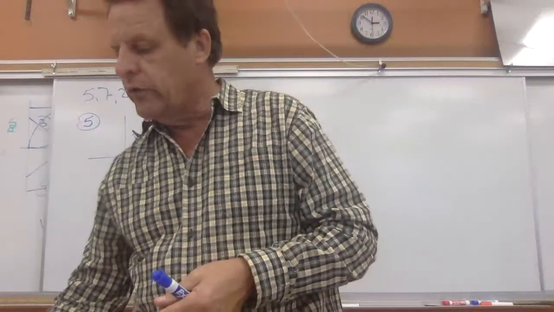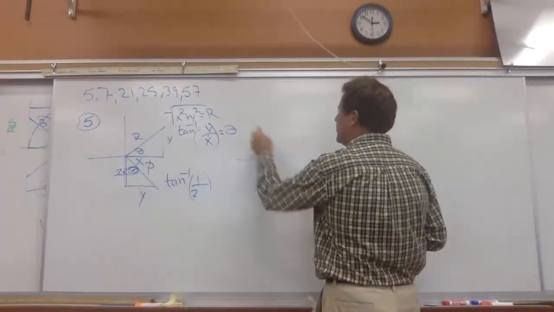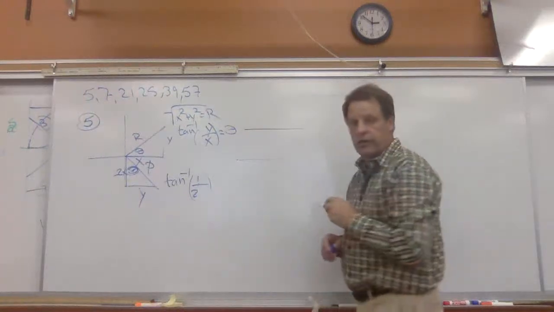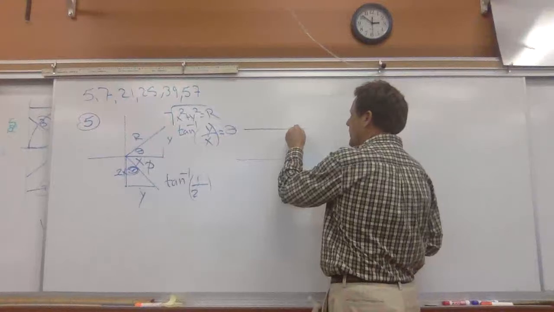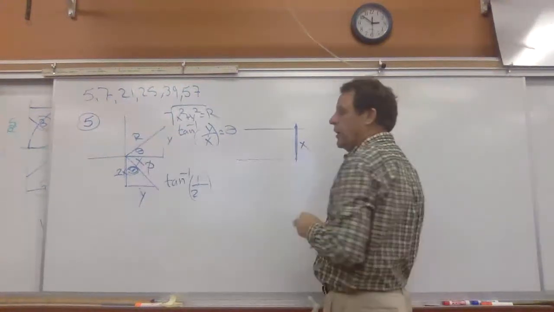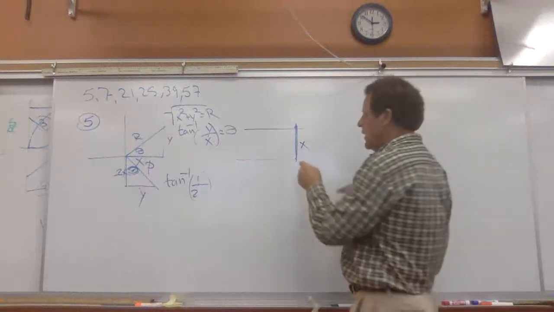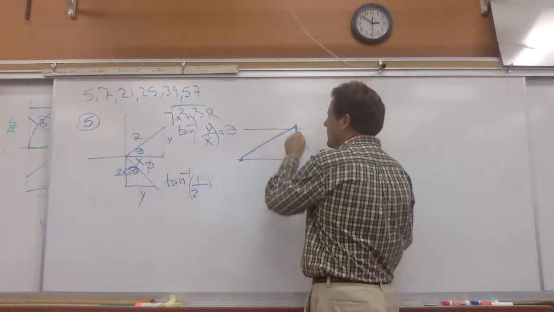All right, so problem number 7. You guys, problem number 7 is really just a standard application of trig. So if you're sitting over here and you are looking directly across and you want to know how wide the river is, okay, you're going to go down a certain distance and then you measure this angle.